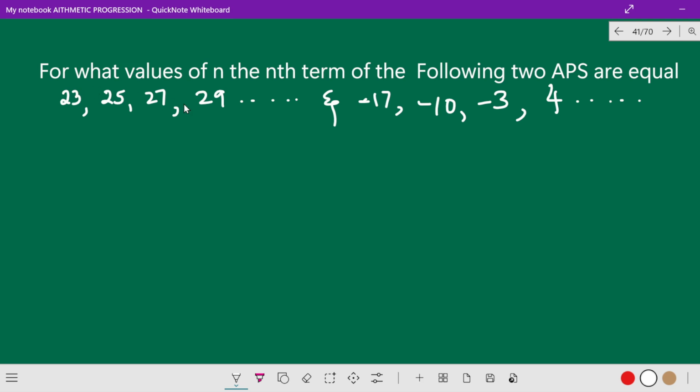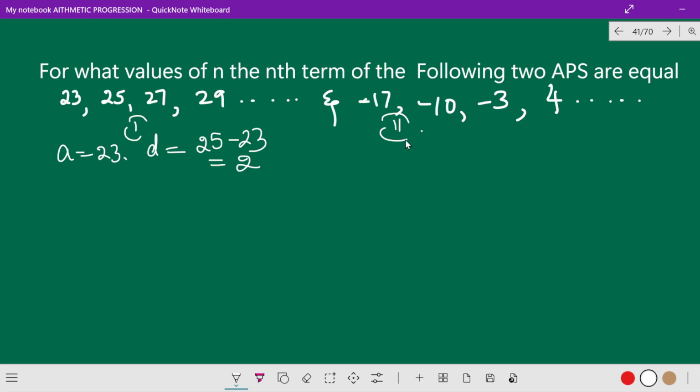Next, for what values of n are the following APs equal? So we have got two APs here. For what value of n are the following APs equal? We will take this as the first and this as the second. For the first one, a is equal to 23, d is equal to 25 minus 23, the answer is 2.